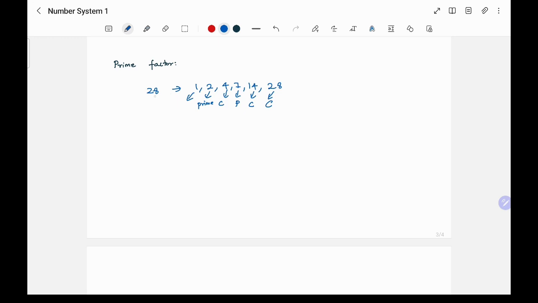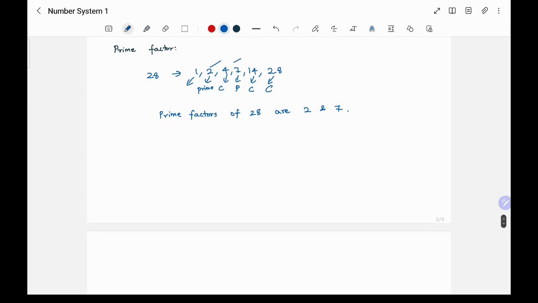So what are the prime factors of 28? Prime factors of 28 are 2 and 7. Correct? So this is what is defined as prime factors. The factors which are prime numbers are called the prime factors.